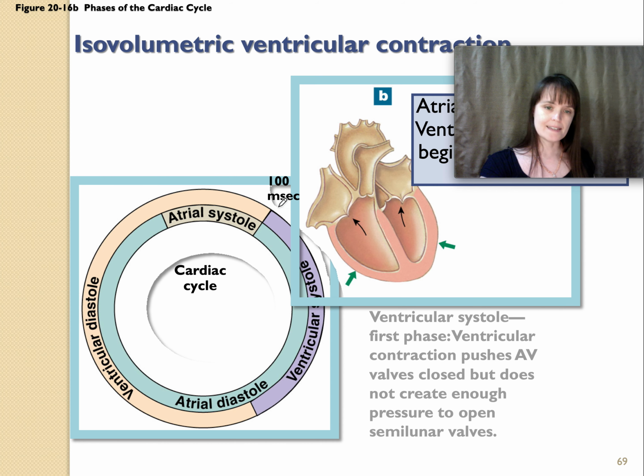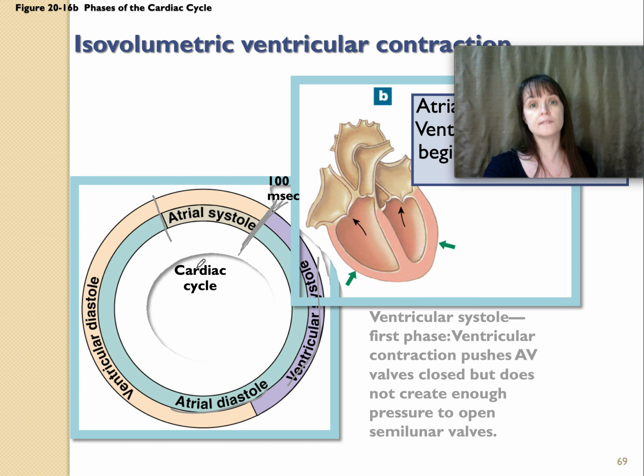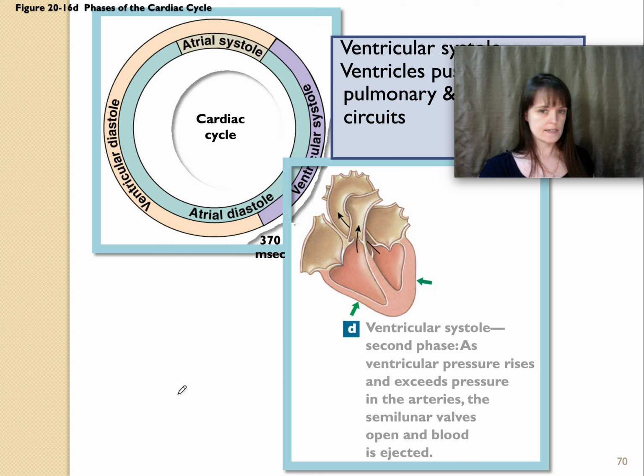Atrial diastole begins, and ventricular systole begins at the same time. The atrial diastole, which is relaxation, will continue until the start of the next cardiac cycle, which was here with the beginning of atrial systole. Next.